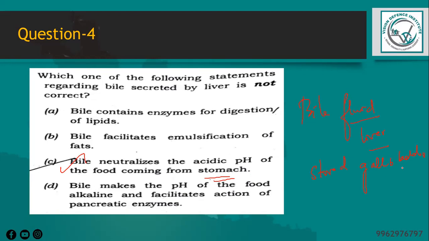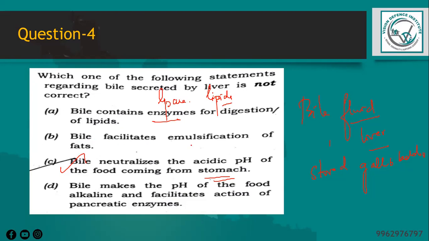Right? So when we check the first statement, that is, the bile contains enzymes. We know that enzymes such as lipase aid in the digestion of lipids, right? And when we take statement 2, that is B, bile facilitates emulsification of fats.